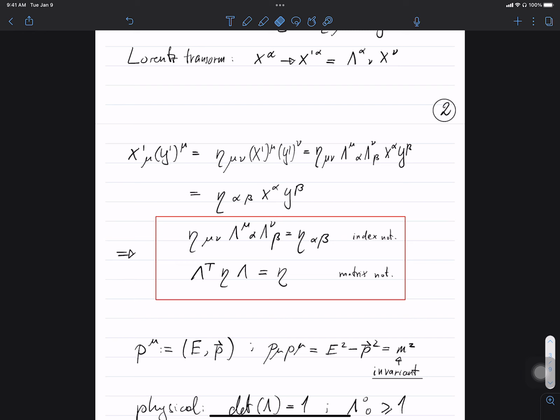Now the defining property of this matrix has to be that it preserves the norm, as in the case of Euclidean space. It should not change the product, because we said the norm of the vector is a physical observable and has something to do with causality and so on. It cannot be changed by changing reference frames.